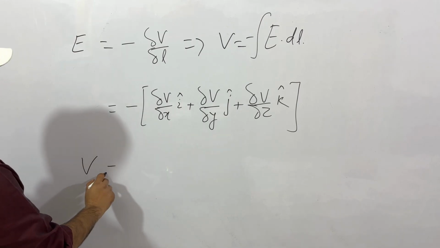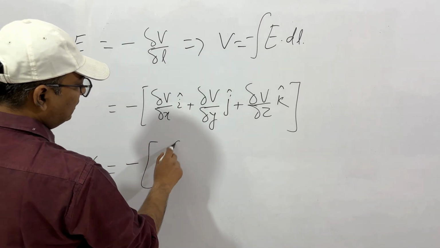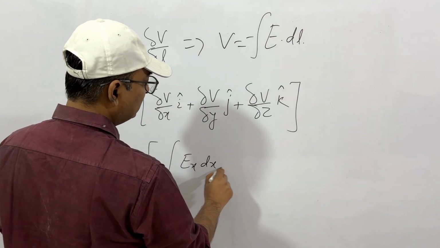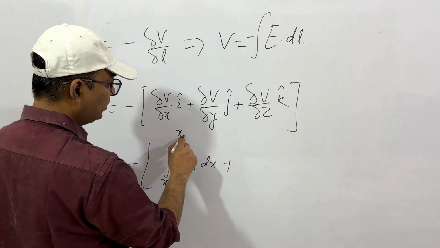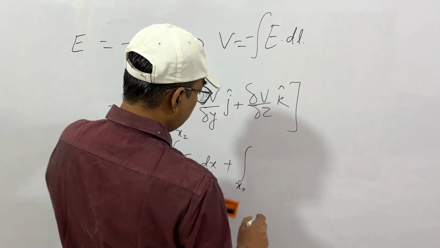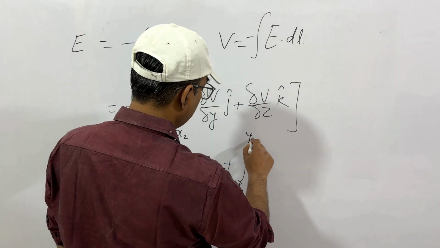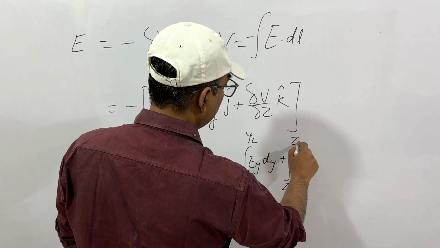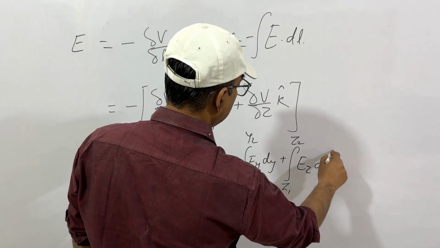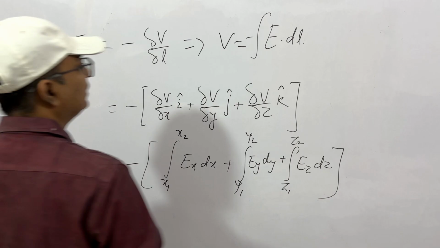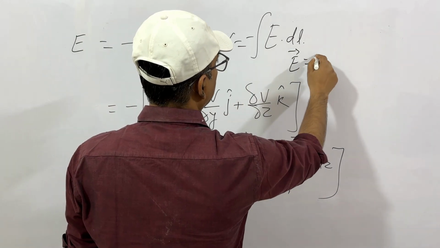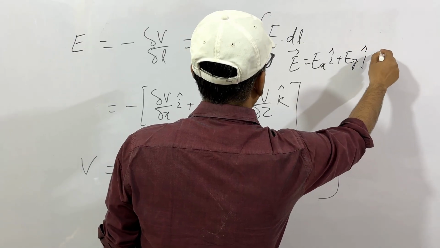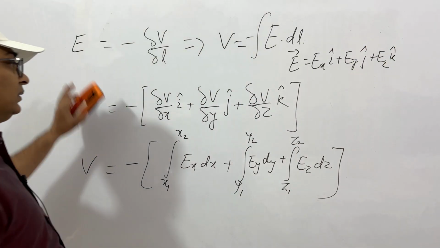V, the potential difference, will be equal to minus the integral of the x component of E, Ex dx, from, let's say, x1 to x2, then the y component from y1 to y2, that is Ey dy, and finally from z1 to z2, Ez dz, where your electric field E is Ex i, Ey j and Ez k. So this you should keep in mind.